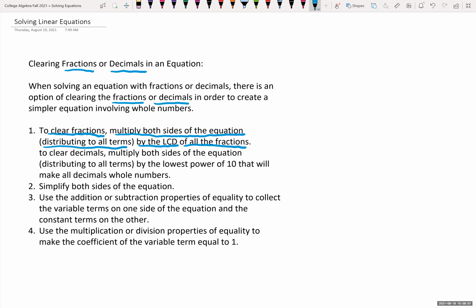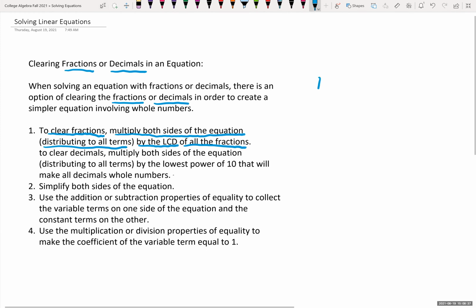If you want to clear the decimal, basically you look at the most number of digits after a decimal in a number, and to clear that, you multiply both sides, distributing to all the terms, by the lowest power of 10. That will make all decimals whole numbers.